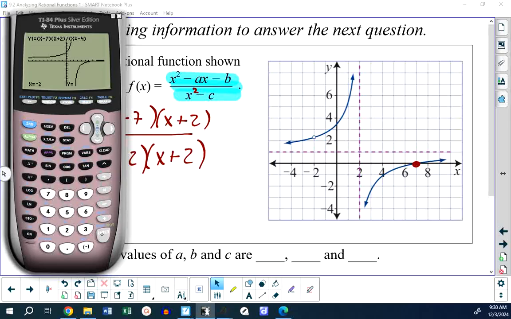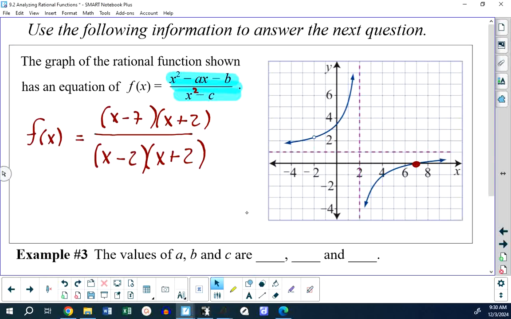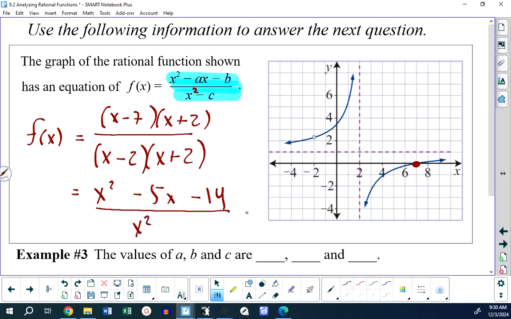And then we have the horizontal asymptote, which we're about to learn about. So if you FOIL this out now, you get (x squared minus 5x minus 14) over (x squared minus 4). So a is 5, b is 14, c is 4.